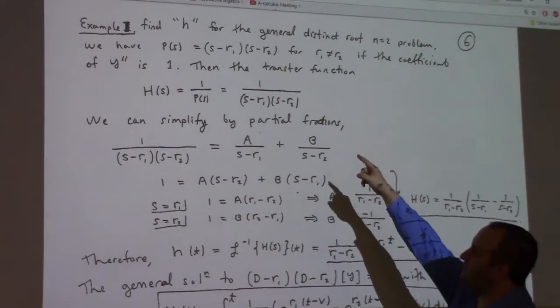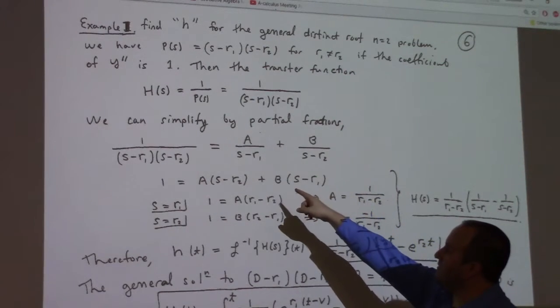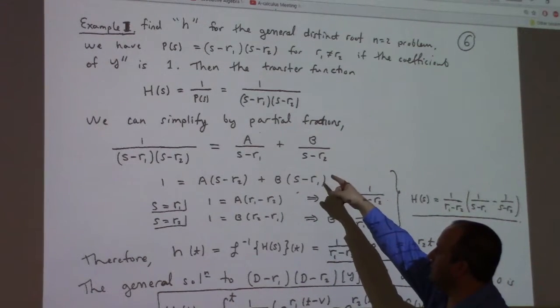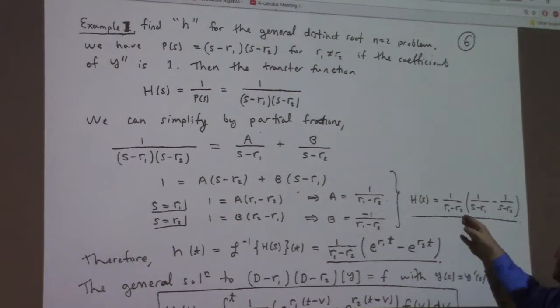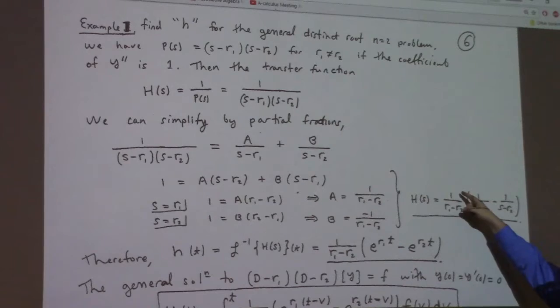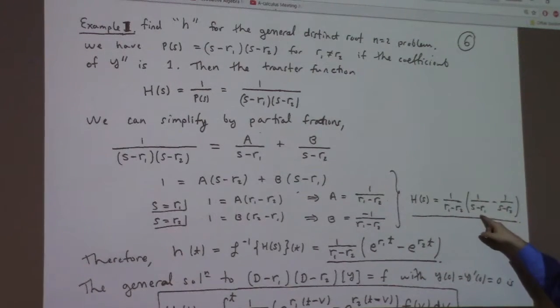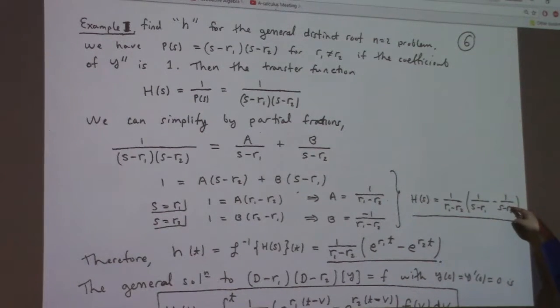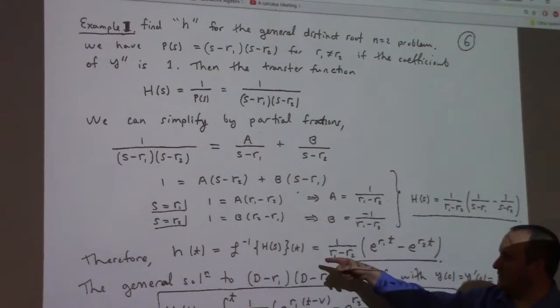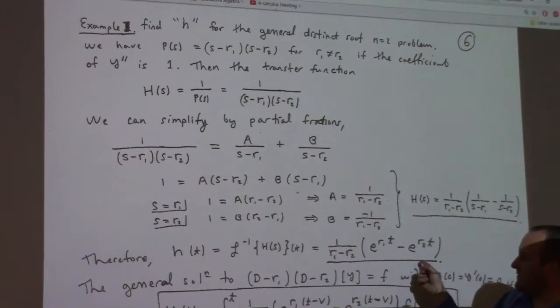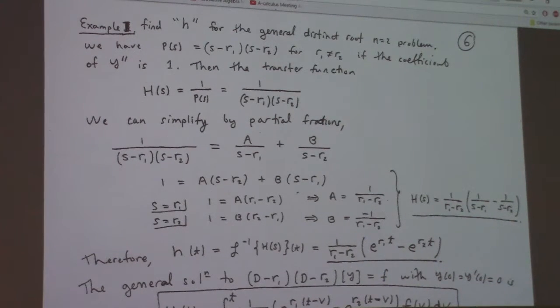So in this case, the transfer function is like a sum of 1 over s minus r1, 1 over s minus r2. Do the partial fractions, and the transfer function is 1 over r1 minus r2 times 1 over s minus r1 minus 1 over s minus r2. And that gives me the little h of t, the inverse Laplace transform of the transfer function.